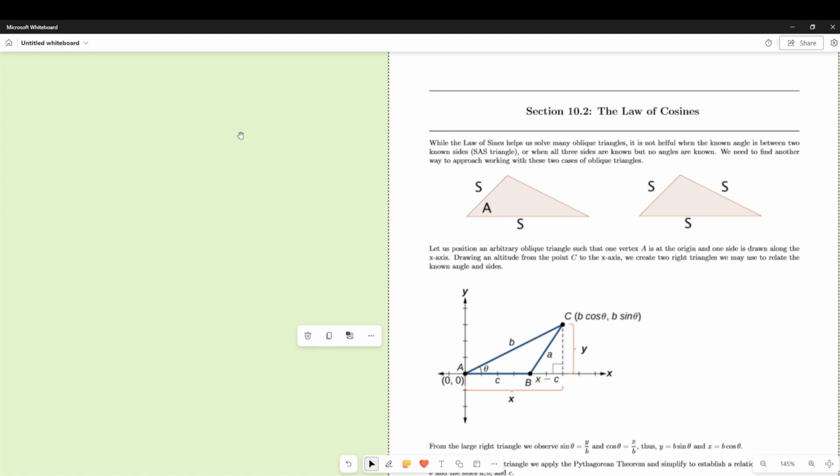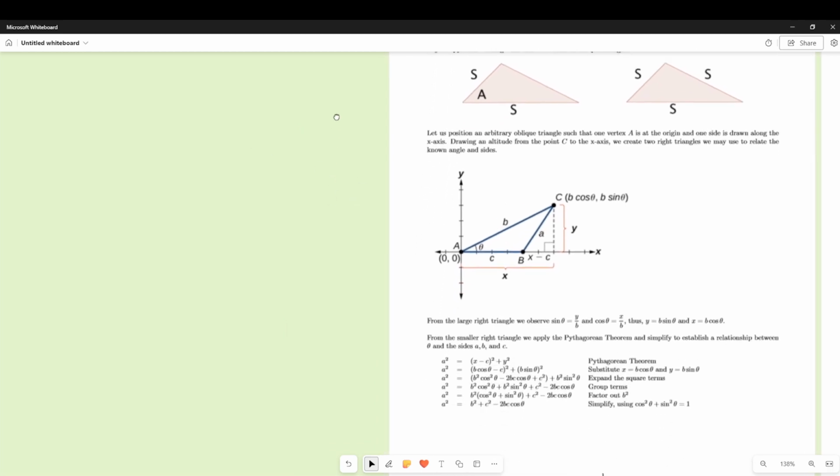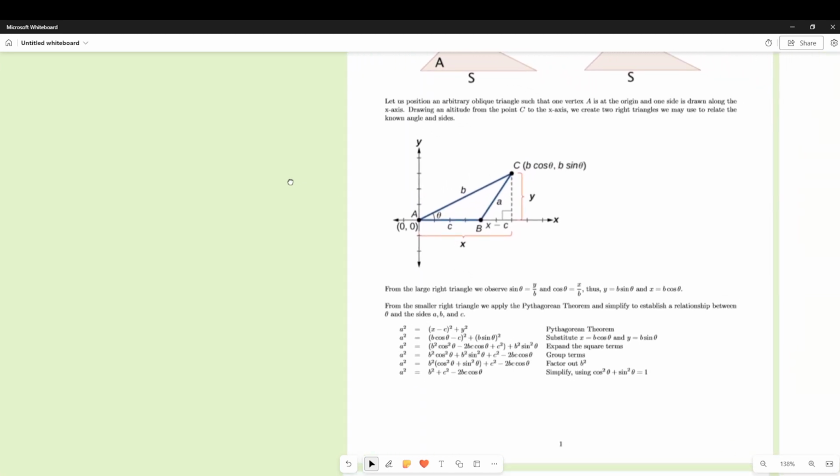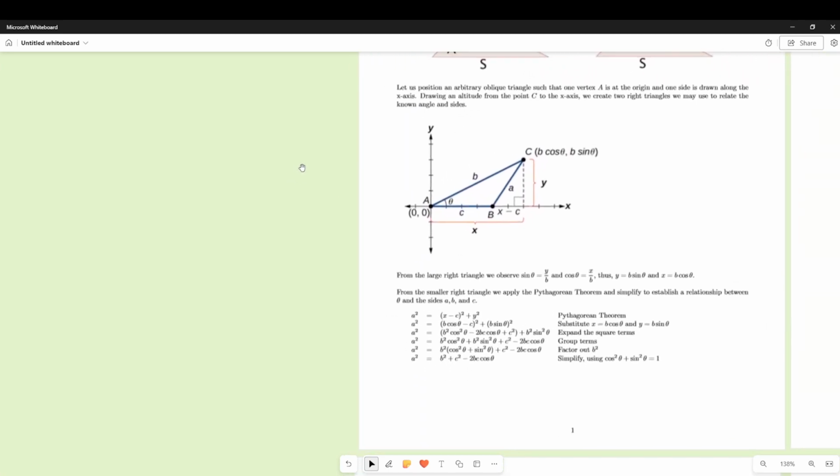Law of cosines proof is also fairly different. It requires, or is best done anyway, with a Cartesian coordinate system. So if we put our oblique triangle in a Cartesian coordinate system with that angle alpha in standard position, the nice thing about being in the coordinate system is that we know the x and y coordinates of this point C, because we naturally associate the cosine with the x and the sine with the y.